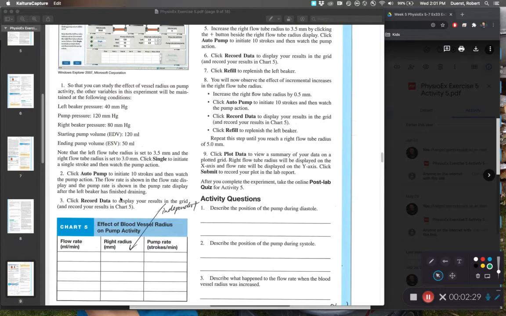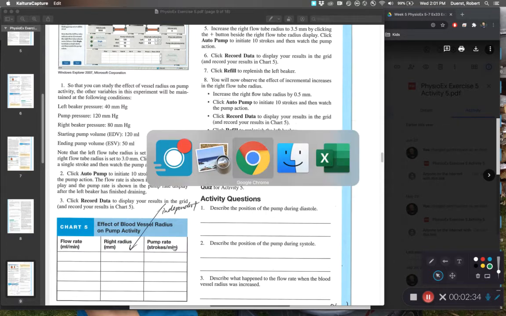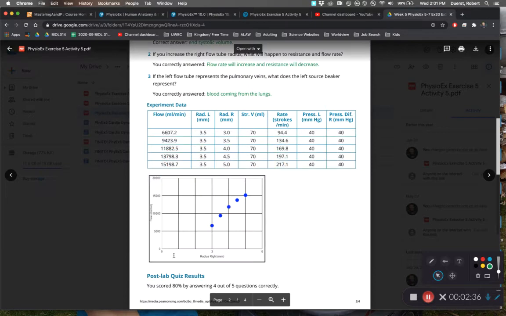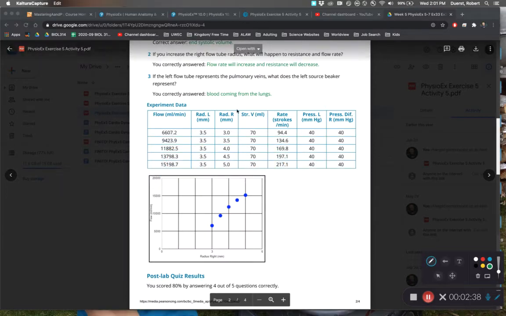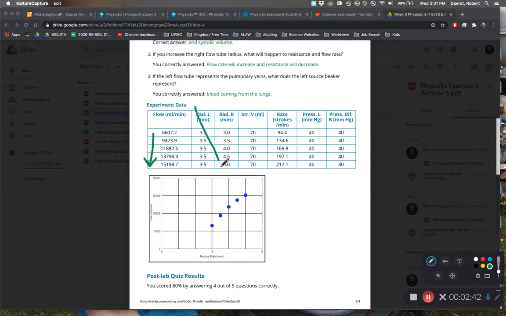As we look at the data for chart number 5, or for your experiment, this is what your data will look like. We have flow rate increasing. The radius of that left tube, the pulmonary vein, was unchanging. We would increase the radius of the right tube, or the aorta, so we increase that variable. Stroke volume remained constant. The blood pressure remained constant on both sides.